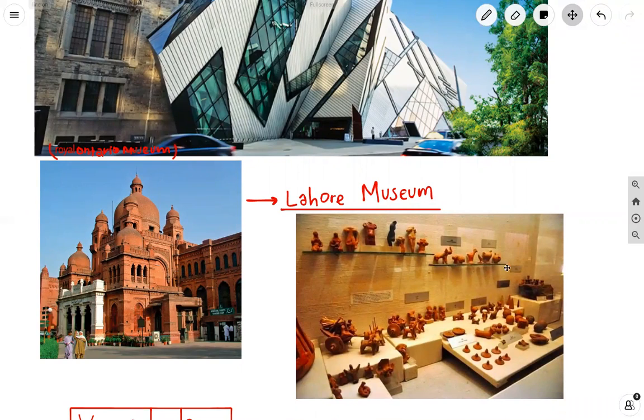Something else that you might find inside one of these museums are artifacts. And these are particularly from the Indus Valley, which may be found in the Harappa Museum.